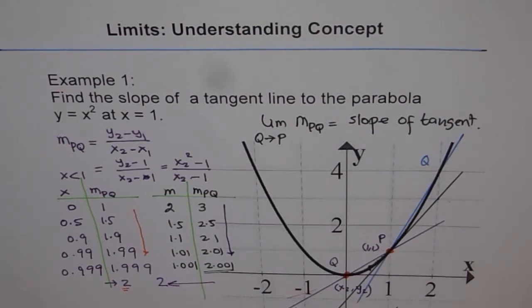It can be as close as possible, but not equal. So the two points are distinct. P and Q are two distinct points, with a very minute difference between them. Then the slope of the secant approaches the slope of the tangent.